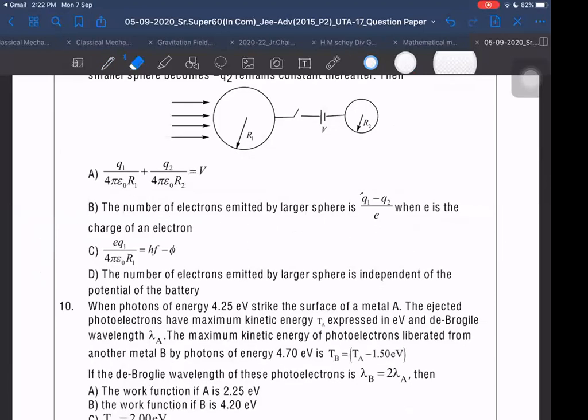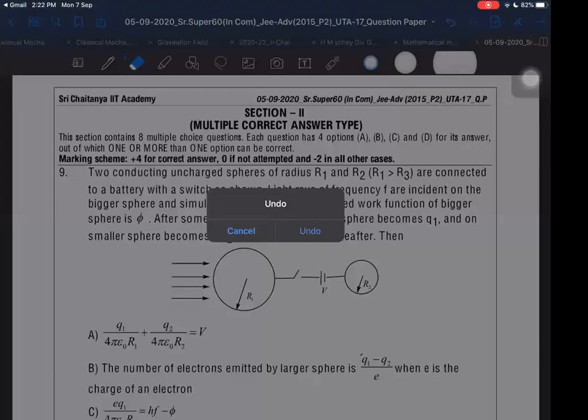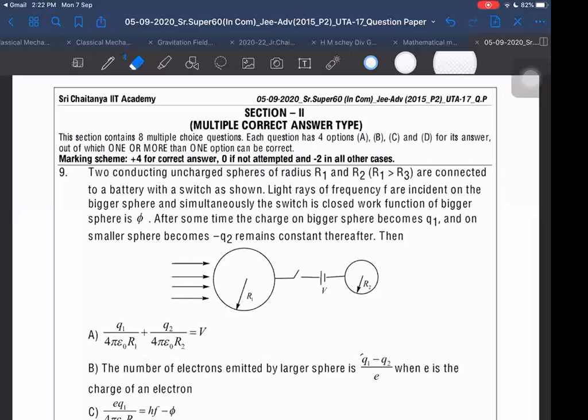The number of electrons emitted by the larger sphere is independent of the potential of the battery. Number of electrons emitted by the larger sphere will, when will it stop emitting the electrons?